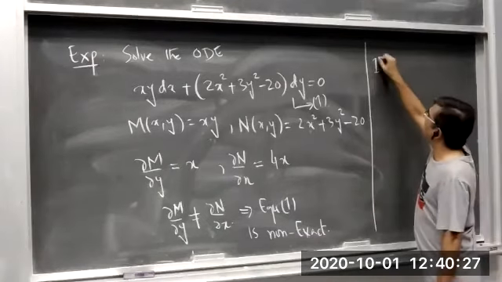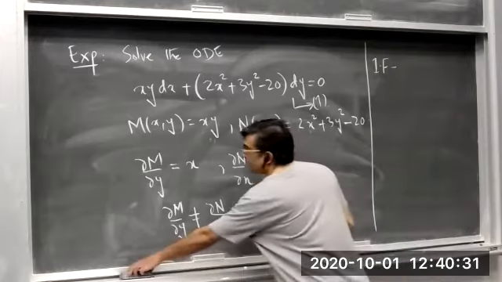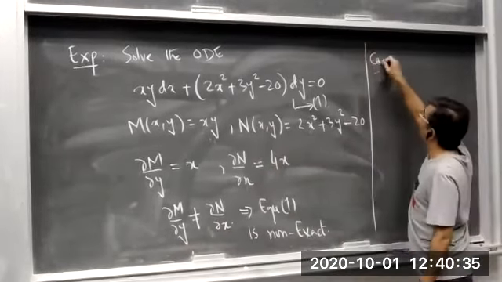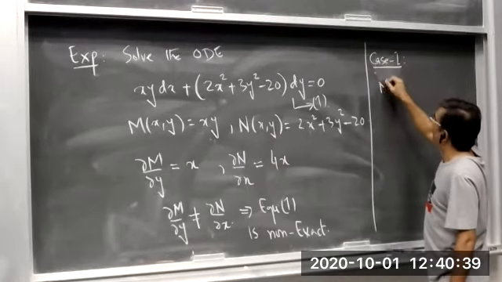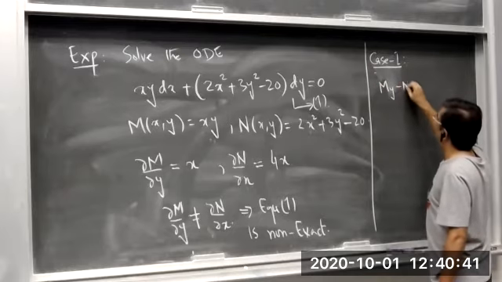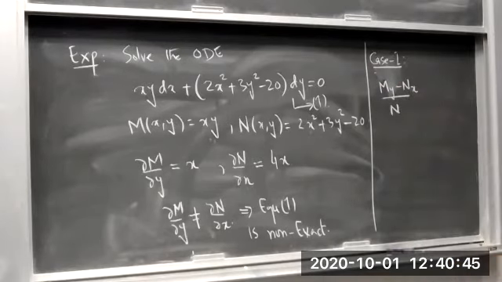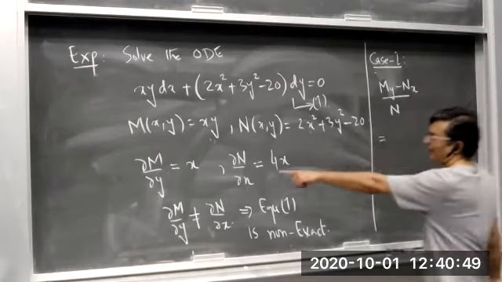Now the integrating factor is, case 1. In case 1, what do we have? You have to try my minus nx over n. What is my here? My is your x.